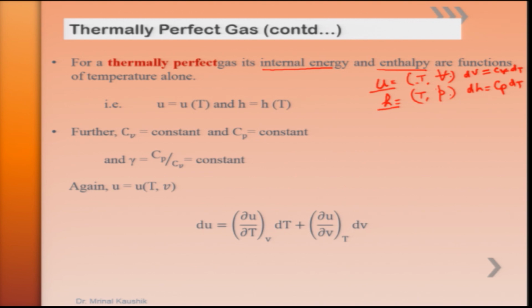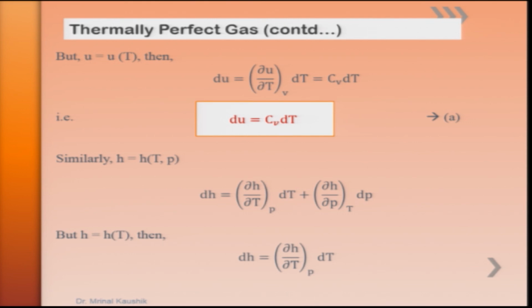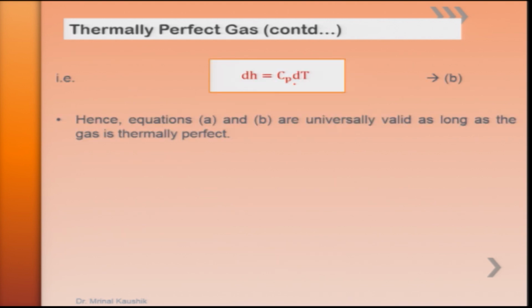In such a situation, u is a function of T and V, but since this is only a function of temperature, we can obtain directly that du is equal to C V dT. And similarly, H is a function of T and P, and since it is only a function of temperature, we can write directly dH is equal to C P dT.